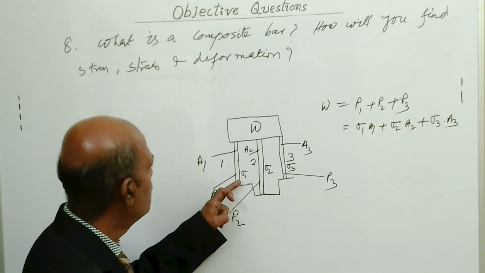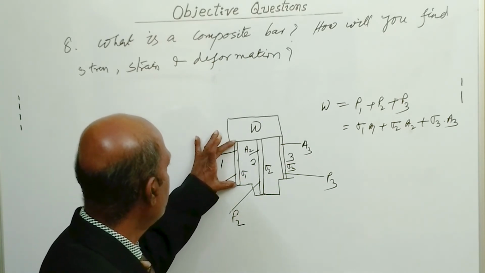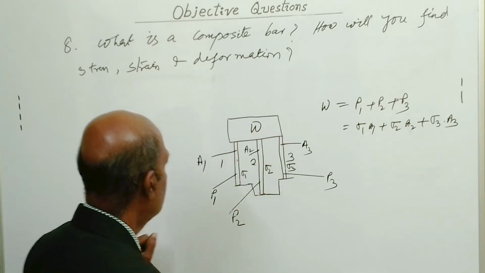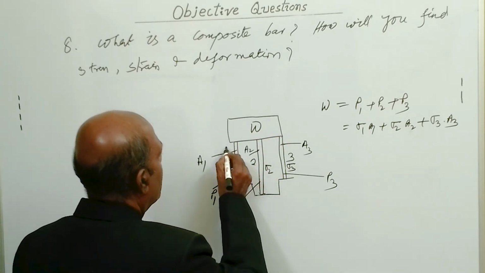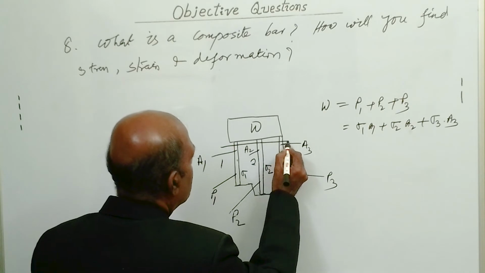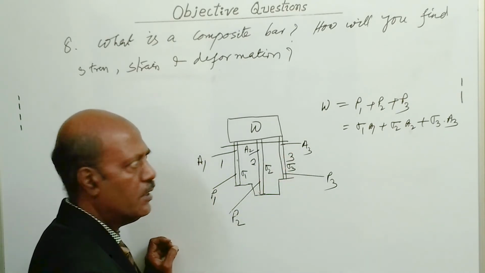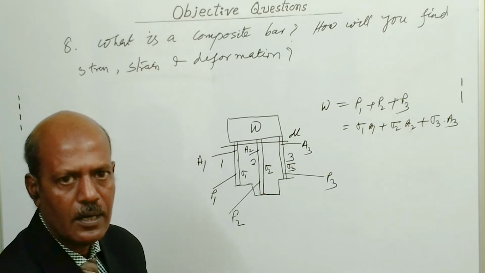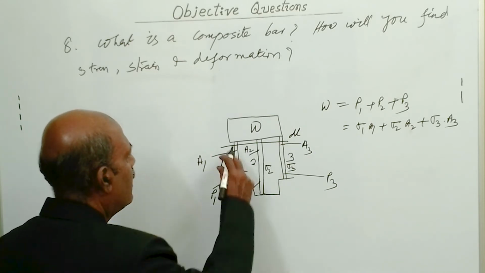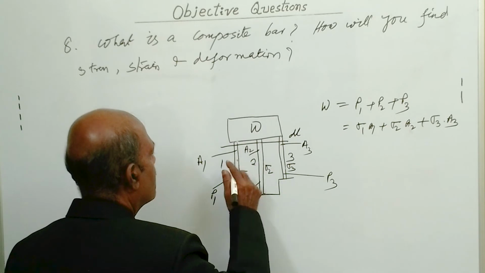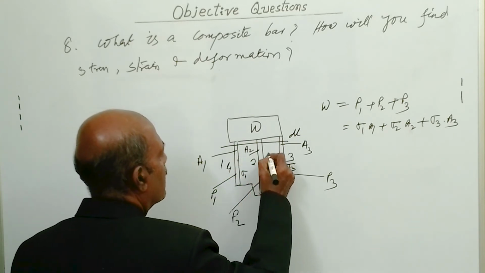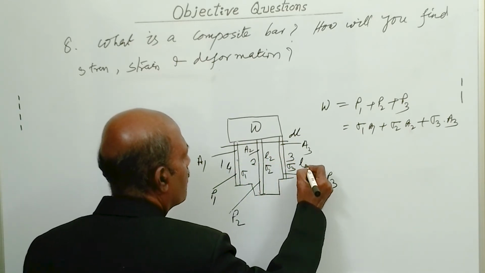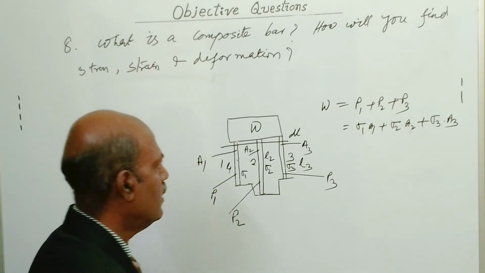Now the strain depends on the length of the bar. There will be a common deformation produced in all the bars. Say dl is the common deformation produced in the bars, and the original lengths of the bars are L1, L2, and L3.